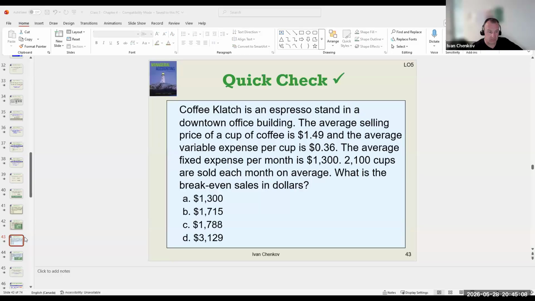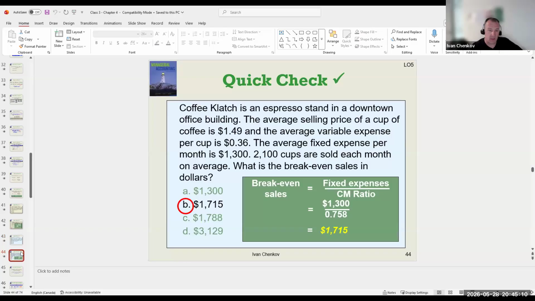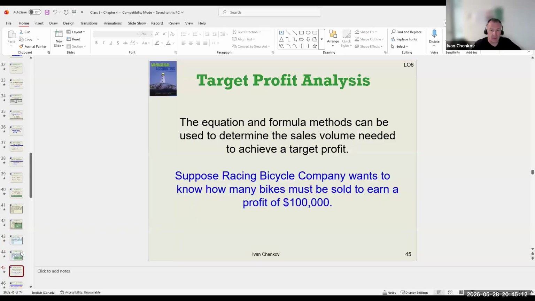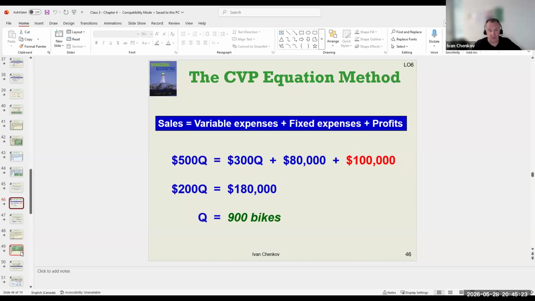Let's go back to the slides. And that's how you're calculating it. So the target profit, again, we have to add whatever we want to achieve into the fixed cost.